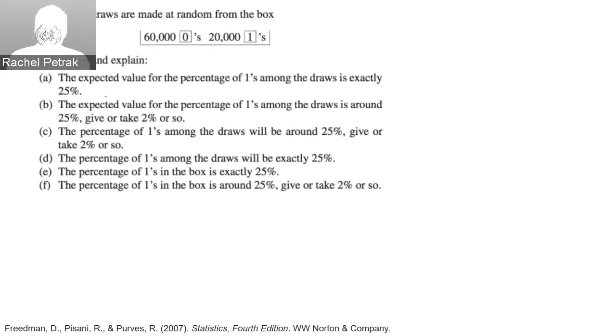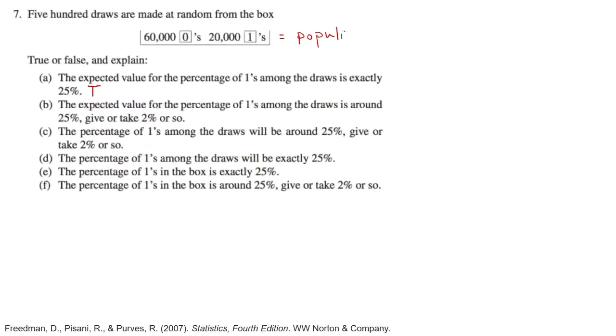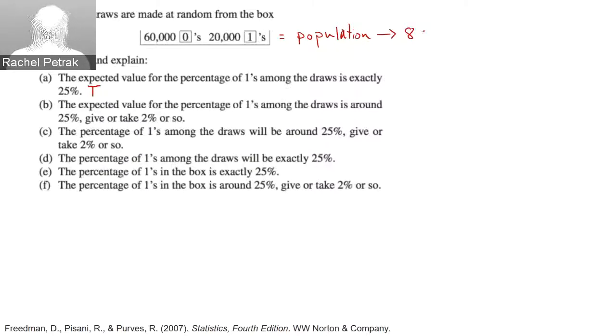This is true, very good. How can we find this? Well, we know that there's 80,000. That's the population, and there's 80,000 total in it.